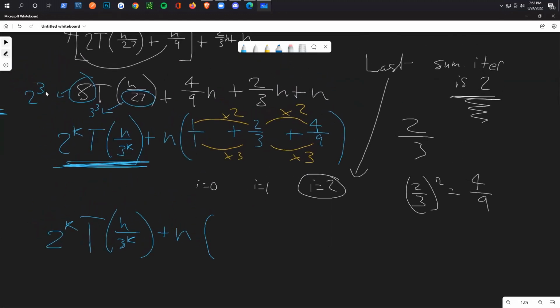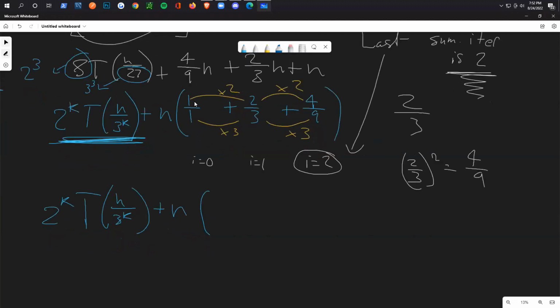So notice how our iterations, our k is 3, right? So these variables are 3 currently. This summation is going up until 2 because the last term is 2/3 to the power of 2. So what do you think it's going to be running on? It's going to be running based on k minus 1.